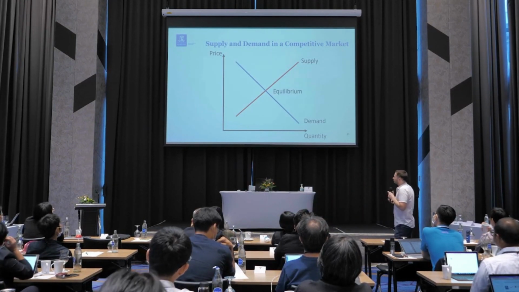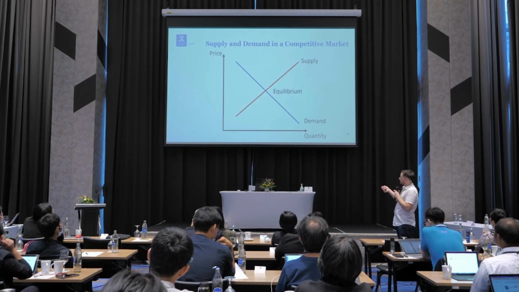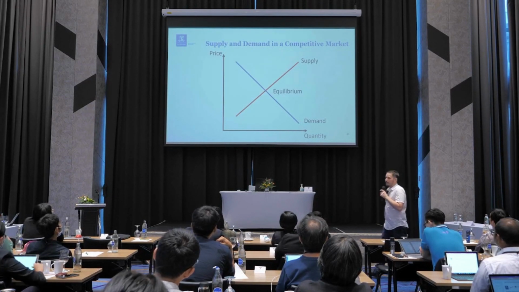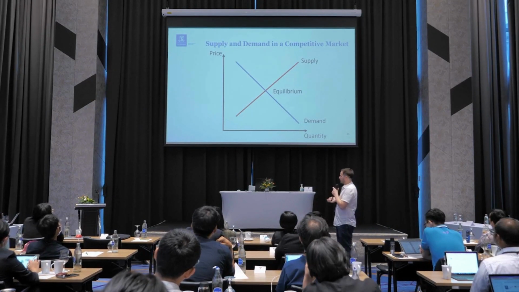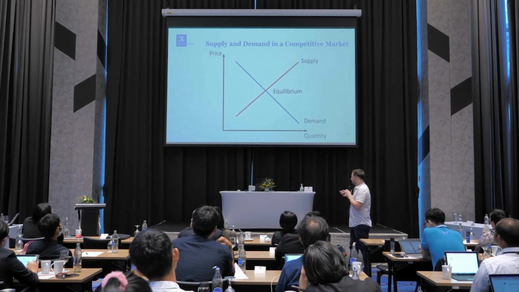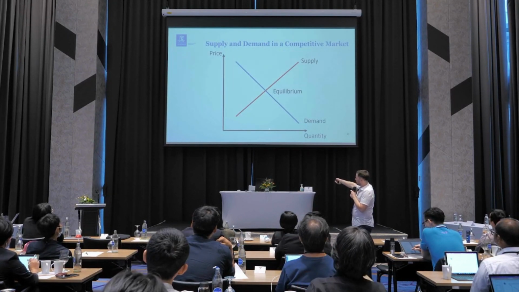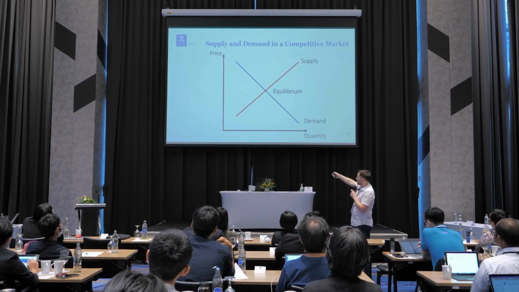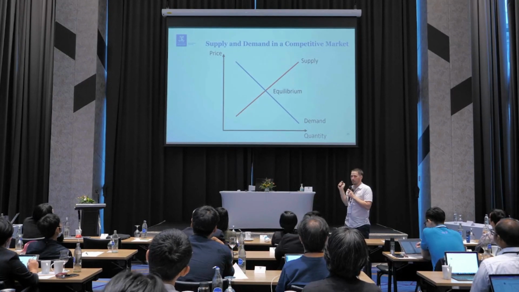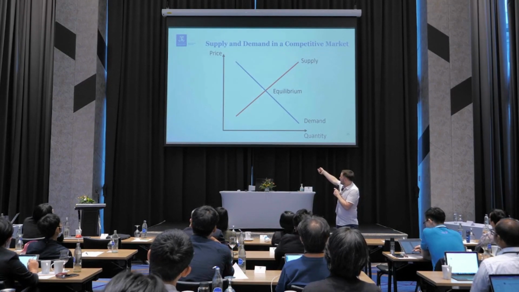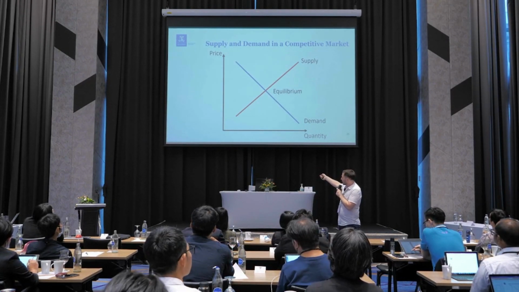So that special point there is the equilibrium, where they intersect, and that's the fair market price. I didn't draw it here, but if you follow this down, that's the quantity that the market produces. If you take it to the left, that's the price that the market produces at.